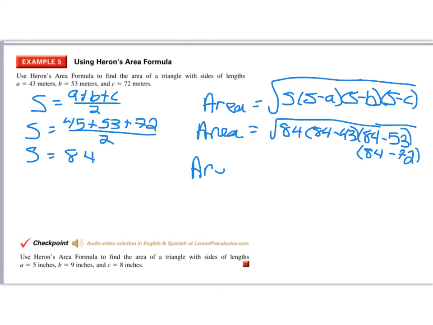Plug it in your calculator, and the area is 1,131.9 meters squared.